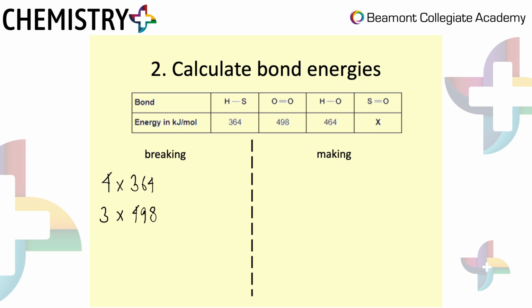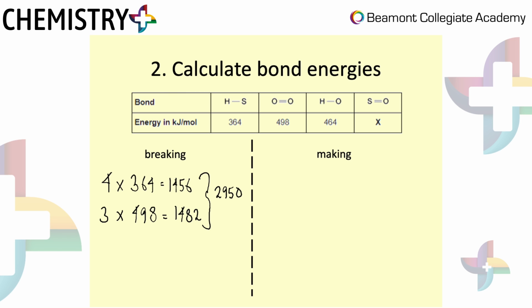Put them into your calculator, that would have given you 1456. This would have given you 1482, altogether 2950.